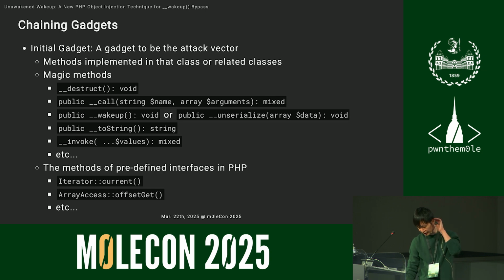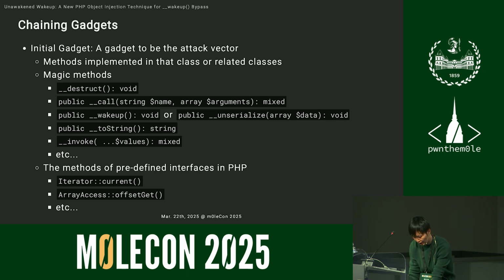Next, chaining gadgets. In this talk, I will classify the gadgets in POP into 3 categories to make the explanation easier. The first gadget type is the one that starts the gadget chain, often exploiting magic methods called during or after unserialize. For example, destruct is called when the object is destroyed.